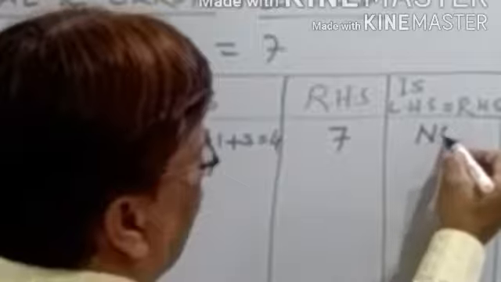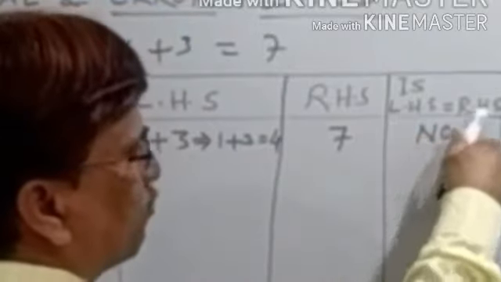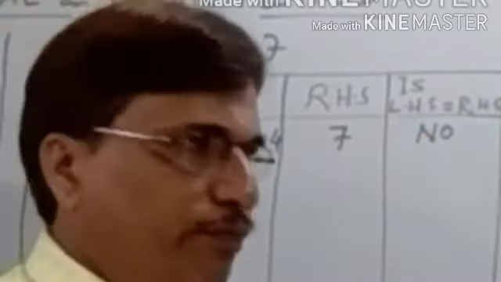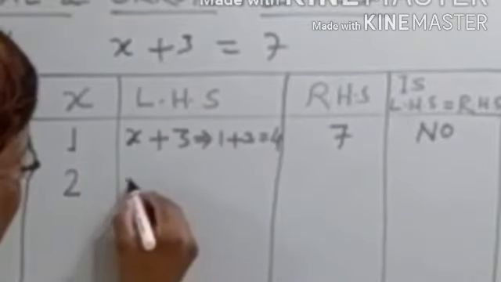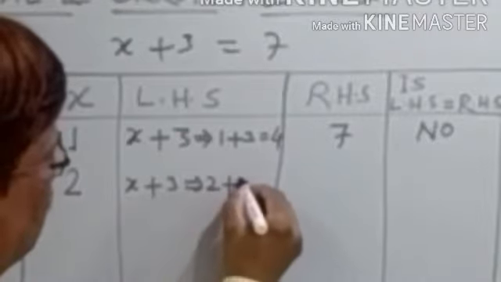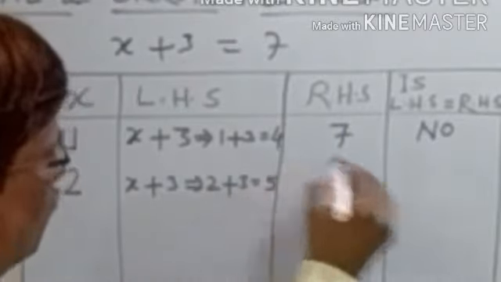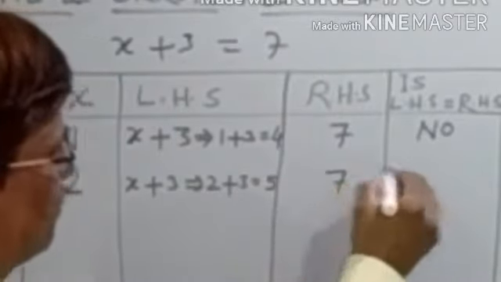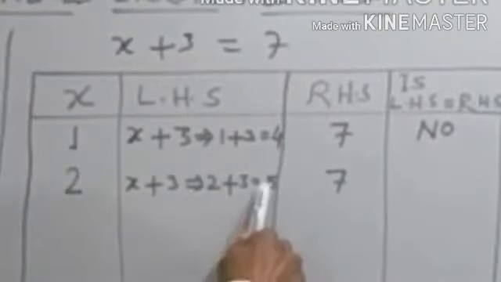Is left hand side equal to right hand side? No. Okay. Now substitute the value of x as 2. x plus 3, 2 plus 3 is equal to 5, right hand side 7, 5 is not equal to 7, no.